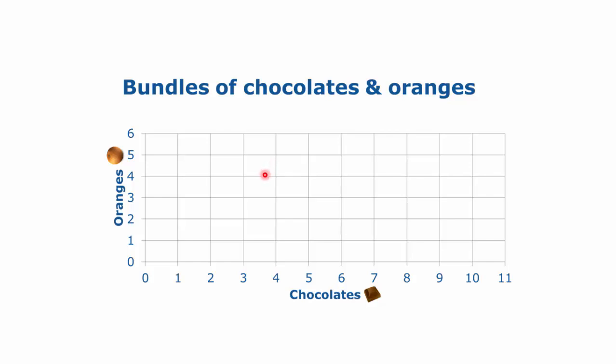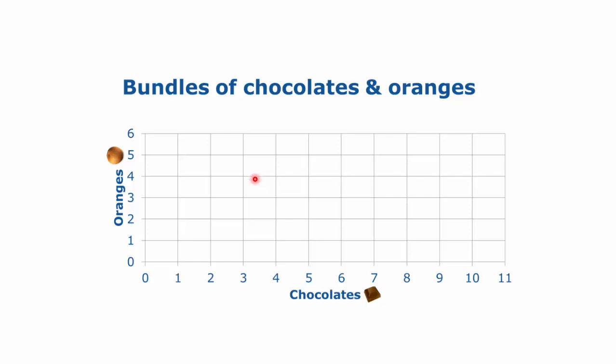Now, the first step in this consumer choice problem is going to be to identify the bundles that I can afford. Once I have identified those bundles that I can afford, then I can move on to think about which one of those affordable bundles is my favorite bundle, is the one that makes me the happiest. And what indifference curves are is a way of visualizing my preferences.